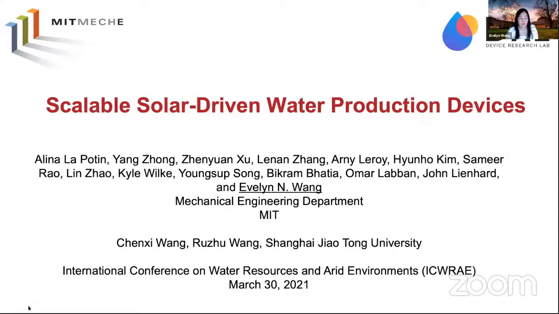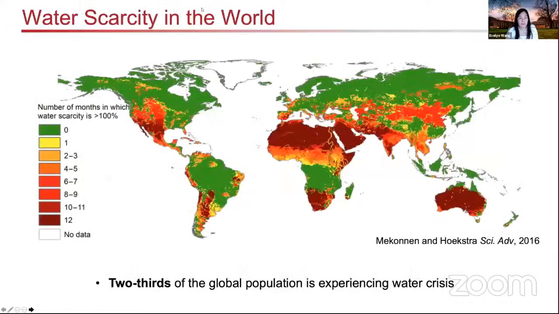And the motivation for our work can be very clear as you look at the water scarcity in the world. What you see here is that many parts of the world are experiencing water crises. And there are many parts of the world that in fact have months, actually almost the whole year, in which there is no water available for access.